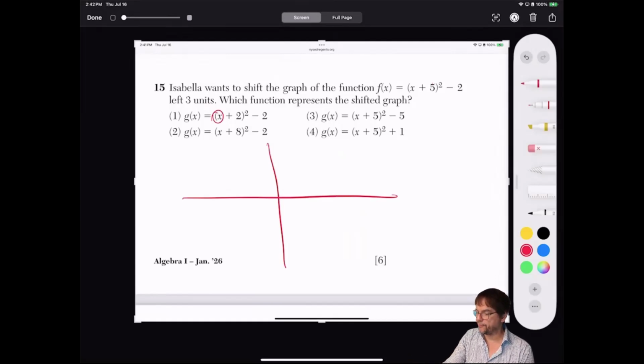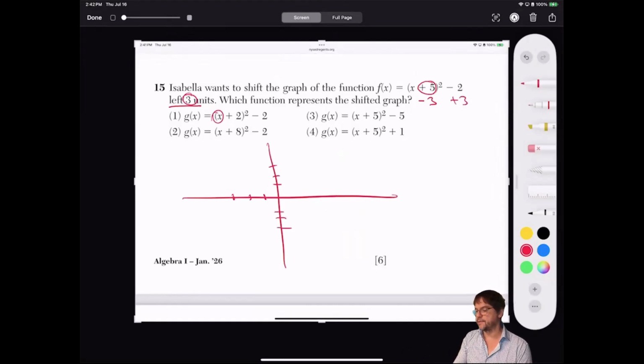So you have x plus 5, okay? But there's something weird here. If you go left, if I want to go left 3 units, you say, oh, Marcelo, you are reducing 3, so it should be minus 3, right? It's the opposite. In the y, if you want to grow, you add 3.